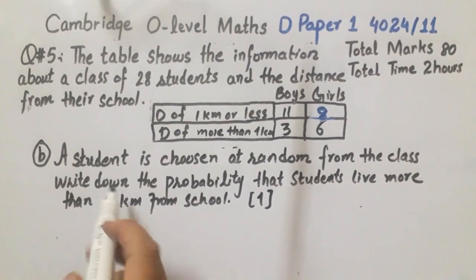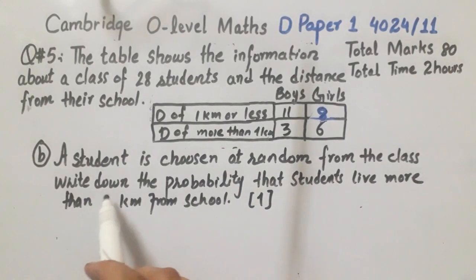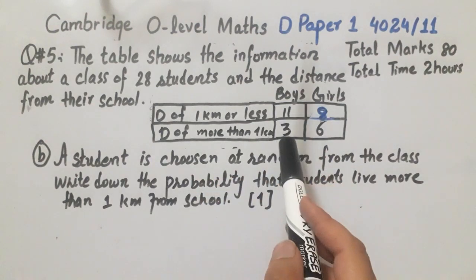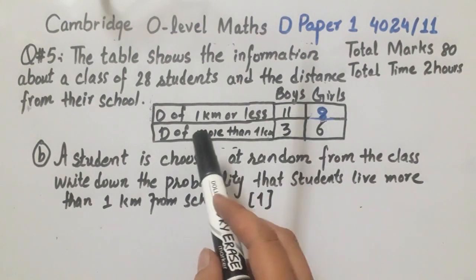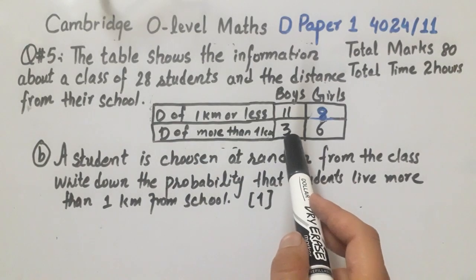Now the B part: a student is chosen at random from the class. Write down the probability that the student lives more than 1 kilometer from the school. So in this part you have to find the probability of a student living more than 1 kilometer away from the school. If you look at the table, you find that 3 boys and 6 girls have a distance of more than 1 kilometer from the school.